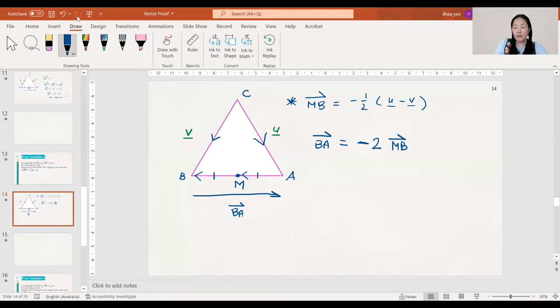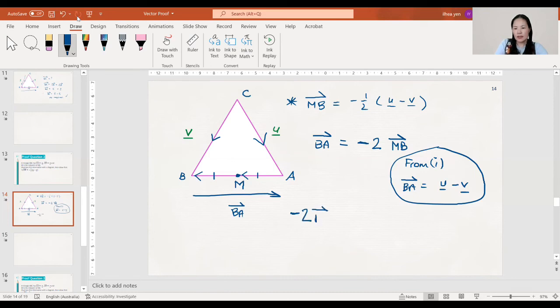AB. And in vector terms, vector BA is double, but it's a negative direction, double of vector MB. From the first proof, we know that BA equals vector U take away vector V, minus 2 vector MB from here equals vector U minus vector V. In terms of MB, I just have to divide it by minus 2 on each side.